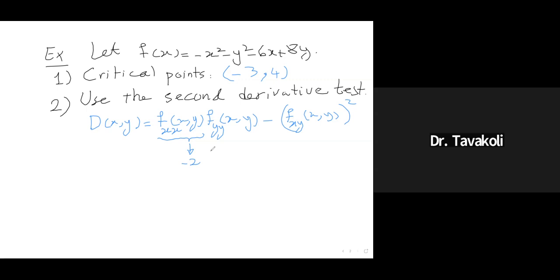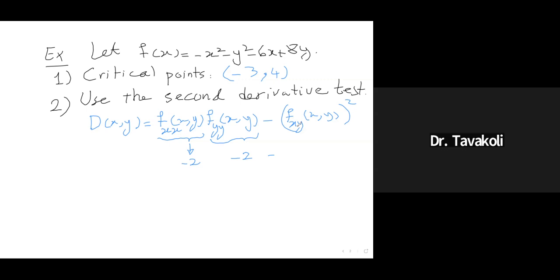In some cases, x and y might remain, but here after finding the second derivative, we just get a constant value -2. The same thing with y: if you find the second derivative, you'll have -2, then minus the mixed derivative with respect to x and y.